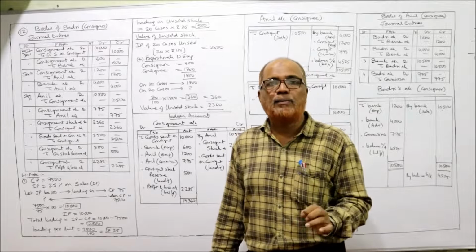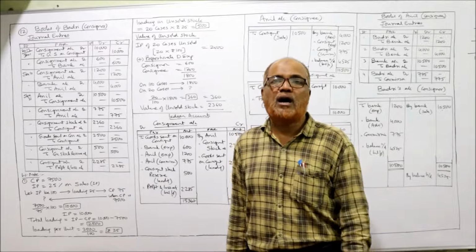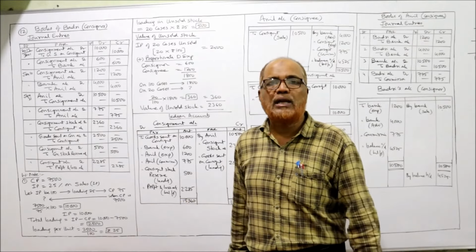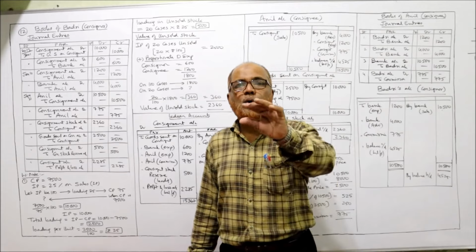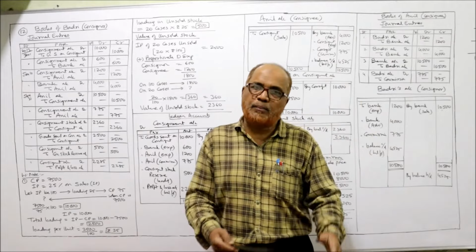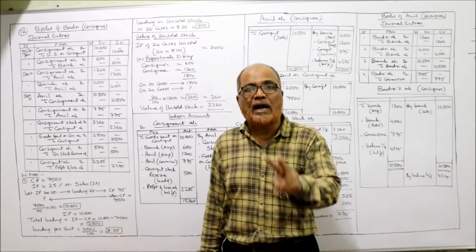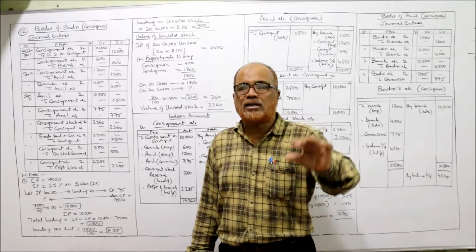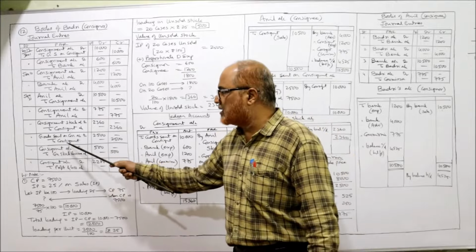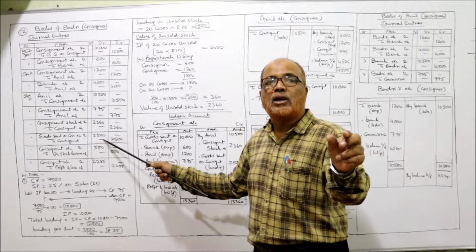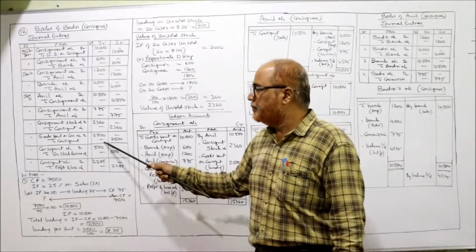The first entry: goods sent on consignment account debtor to consignment 2500, being the total loading in goods sent.